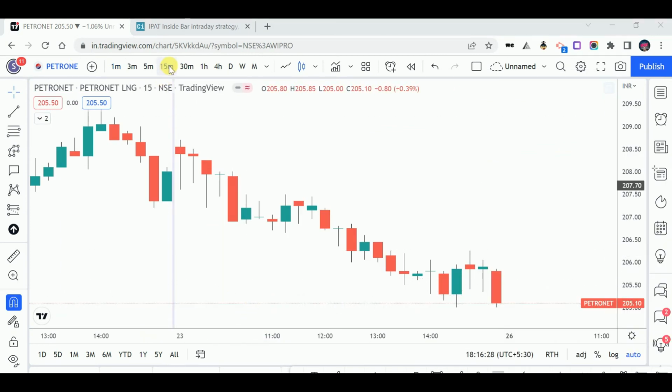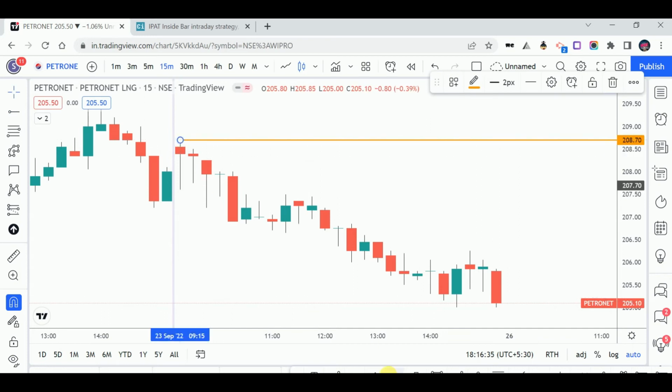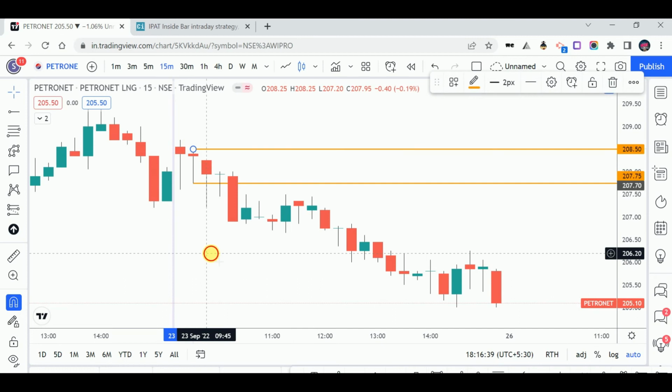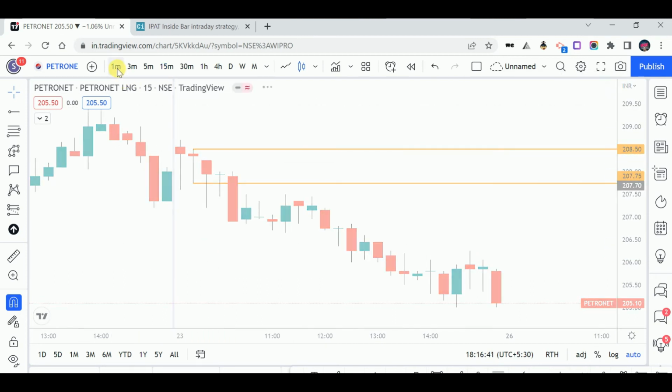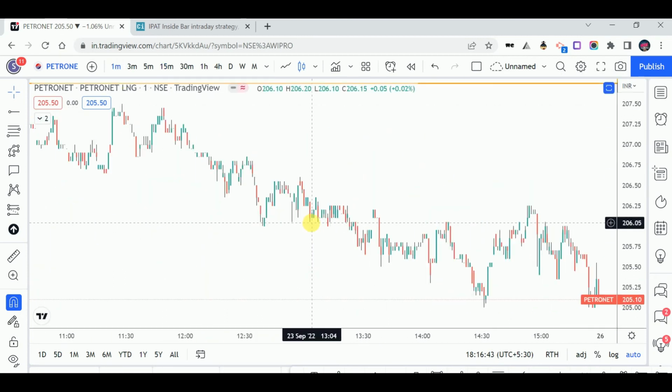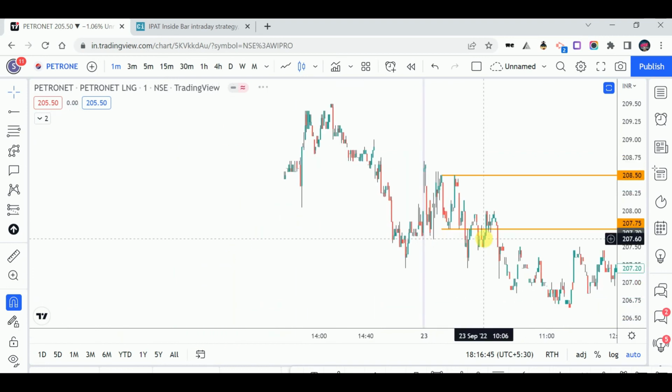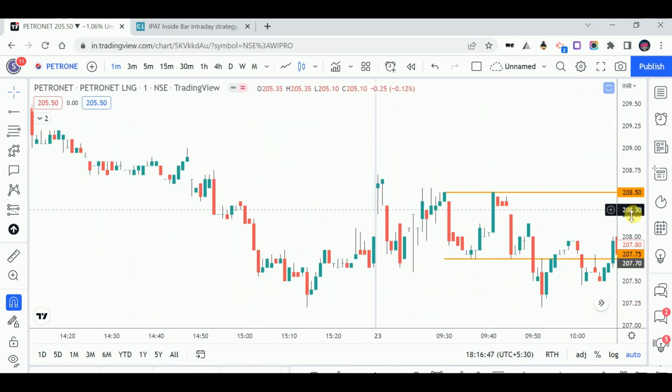We are going to shift to the 15 minute time frame. Then we will mark the high and low of the inside bar. Then we will shift our time frame to 1 minute. Now we will wait for the signal candle to form.